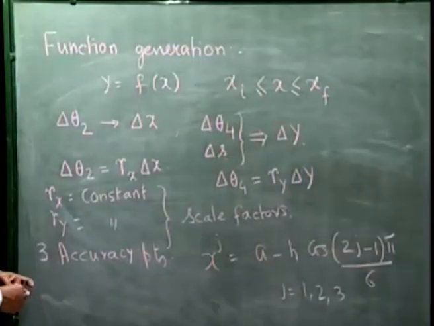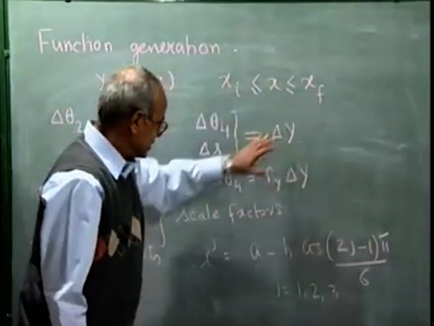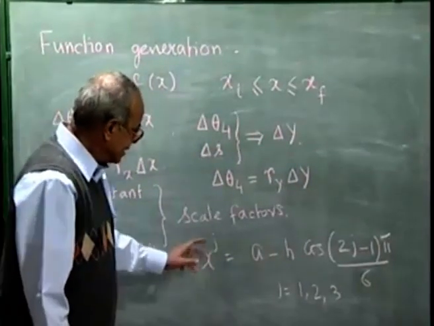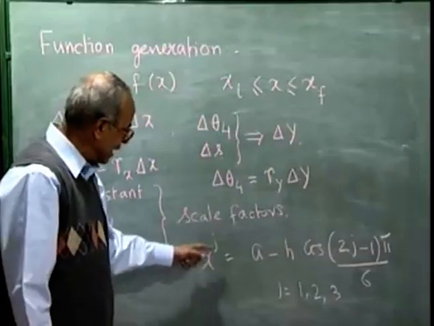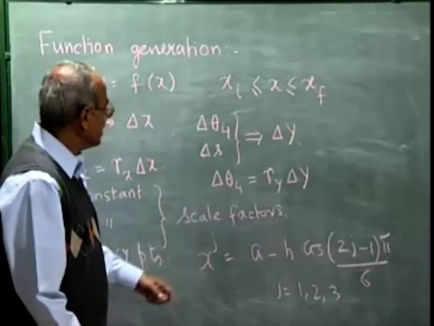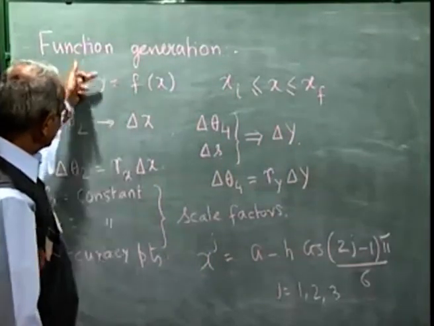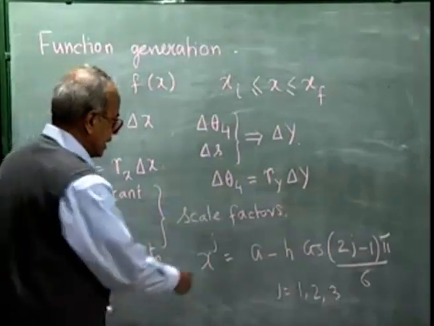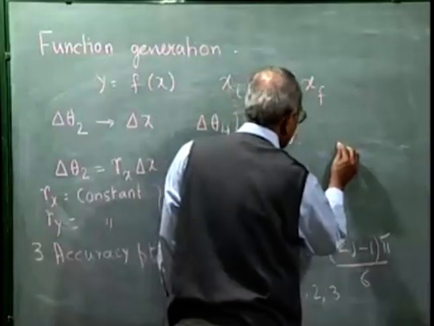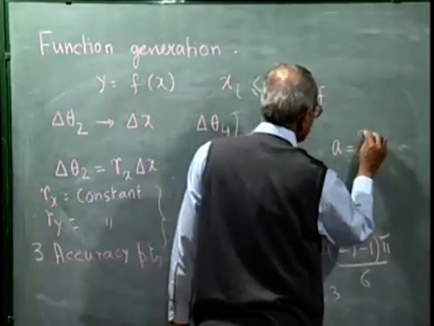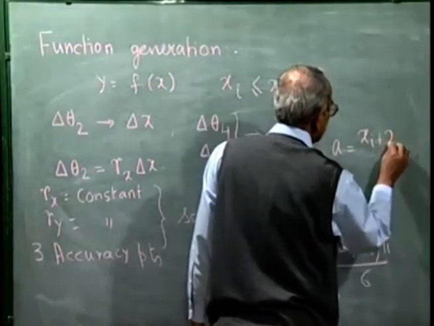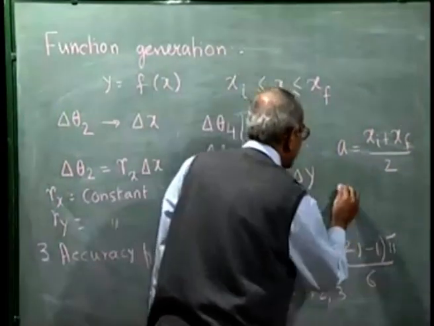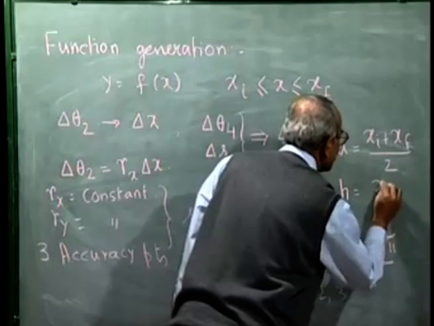So 3 accuracy points in this range is given by this formula, which we then call 3 Chebyshev's accuracy points, namely x1, x2 and x3, and correspondingly find the values of y, which will be y1, y2 and y3. In this expression, if we remember, A means the midpoint of this range and H is half of the range.